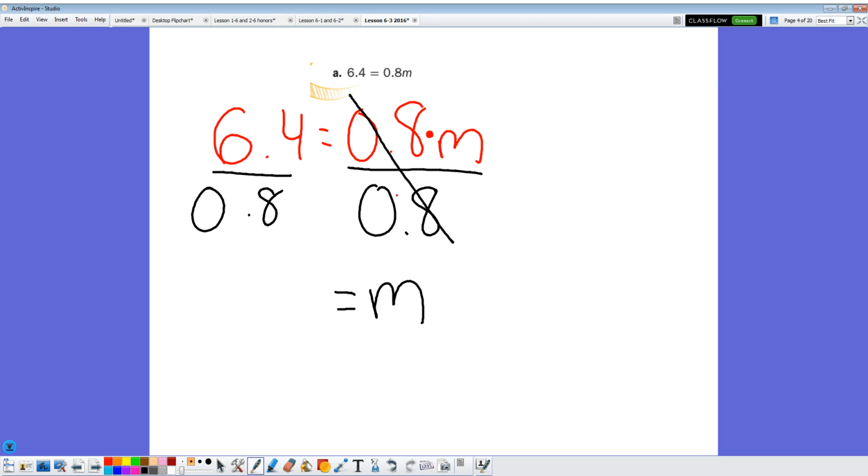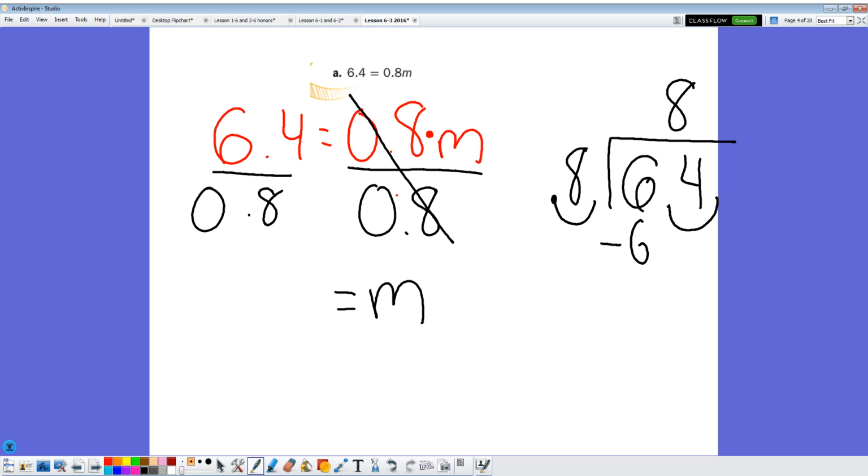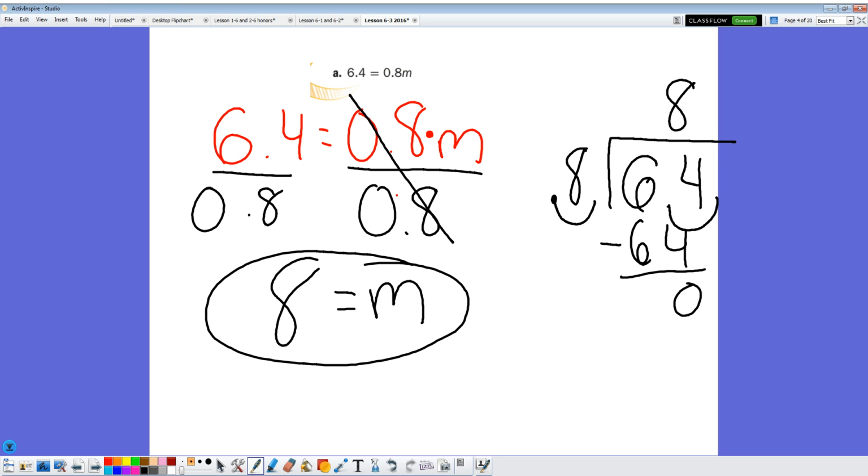And now I need to do 6.4 divided by 0.8. Well, if you don't have a calculator, you're going to put 6.4 in the house and 0.8 outside. I'm going to move the decimal one place to the right, one place to the right. And how many times does 8 go into 64? That would be 8 times. So my solution is 8 equals m for Got It problem A.